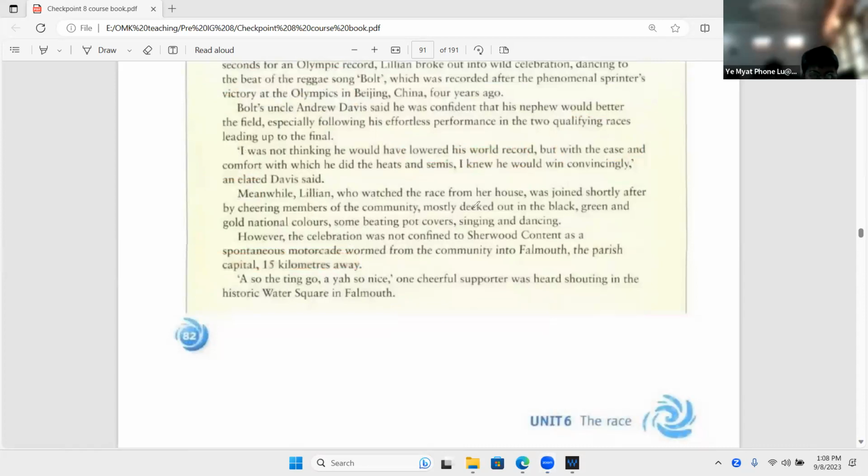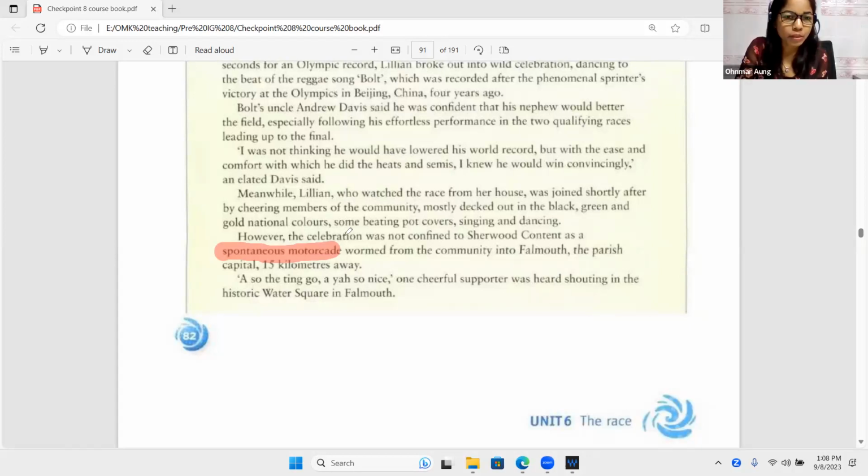However, the celebration was not confined to childhood content as a spontaneous motorcade from the community into Vermont. The priest capital, 50 kilometers away.